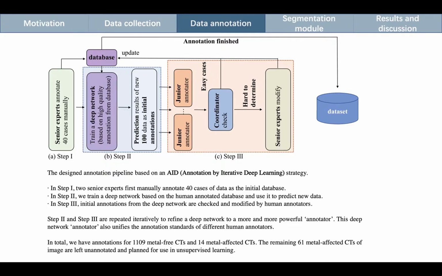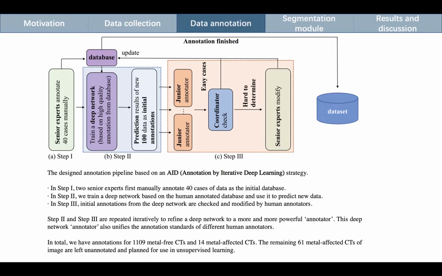After collection, considering the scale of thousands of cases in our dataset, and that annotation itself is a truly subjective and time-consuming task, we introduce a strategy of annotation by iterative deep learning (AID) to speed up our annotation process. In the AID workflow, we train a deep network with a few precisely annotated data in the beginning.